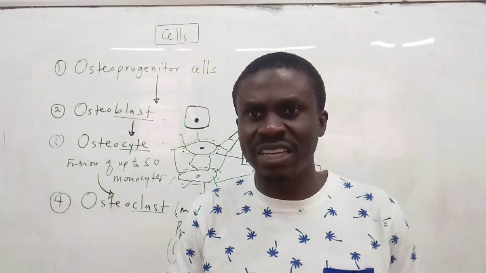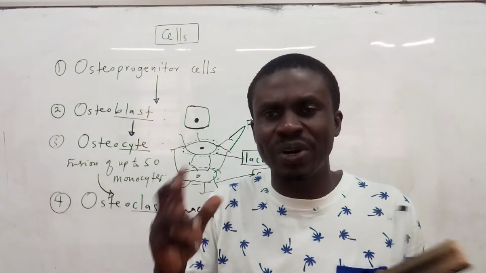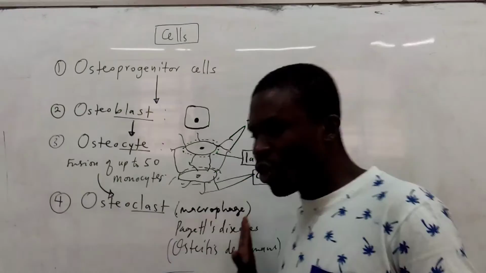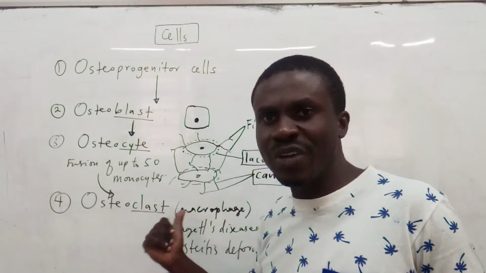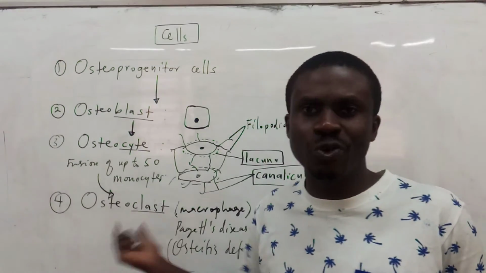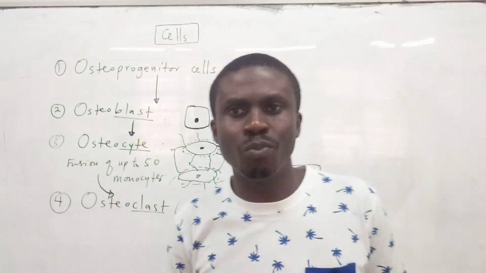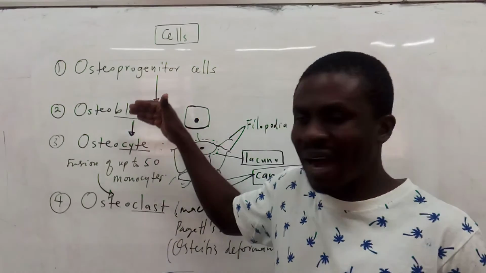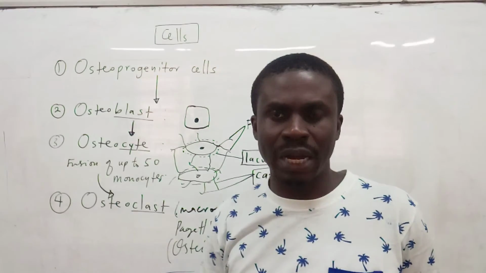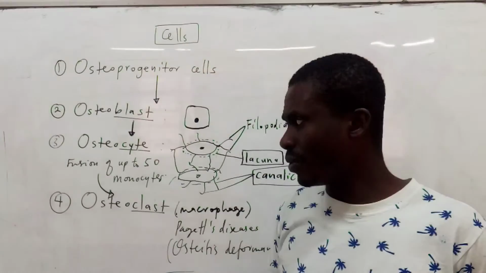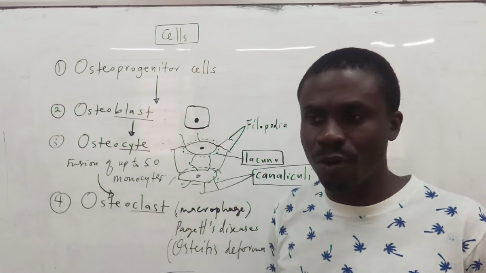When someone goes for an X-ray, they may see that this bone has grown abnormally. Now, we are supposed to remove the old bone. So remember, macrophages, that's the osteoclast, will have to resorb this bone matrix away, so that new bone can be deposited by the osteoblast. So that is one useful thing that I want you to be aware of.